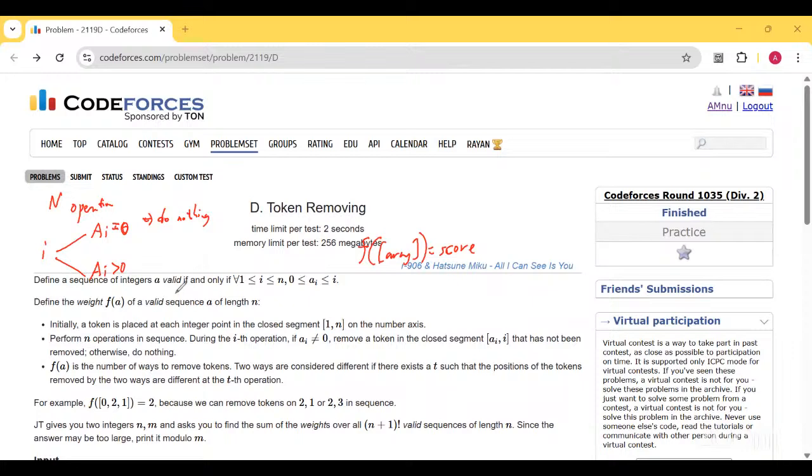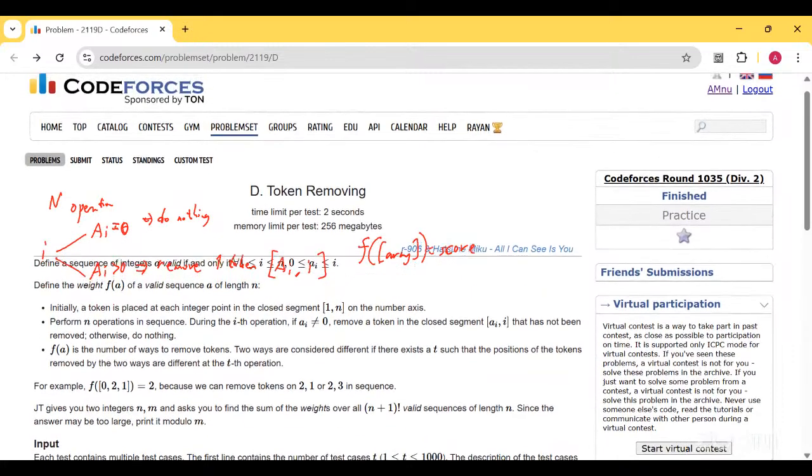No need to remove any token. But if a_i greater than 0, then remove exactly one token in this segment between a_i and i. That's why a_i shall be less than or equal to i. All right.